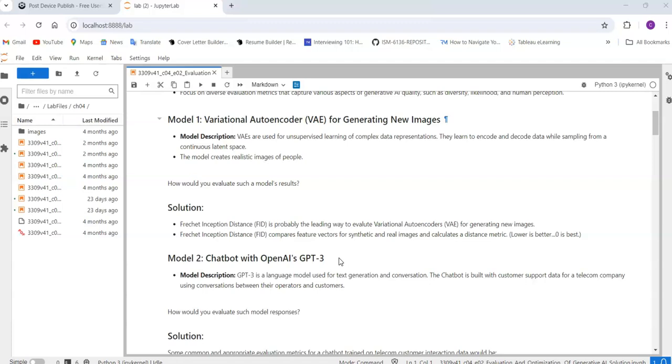It is probably the leading way to evaluate a variational autoencoder for generating new images. Why is it the leading one? Because, as I have already told you, the FID score is used for evaluating the new image that the model has generated, in terms of the input that we have provided.